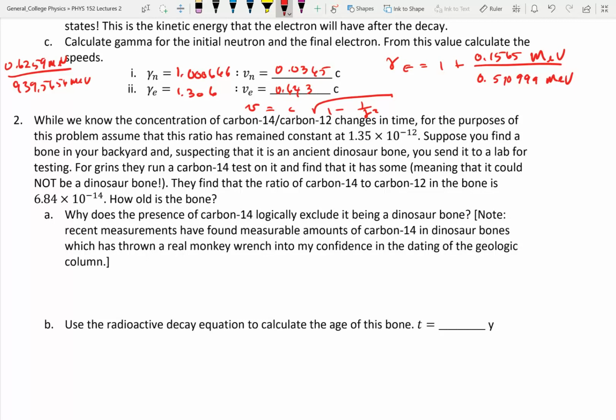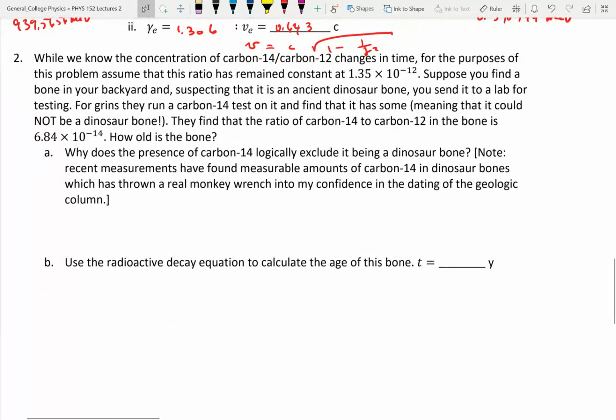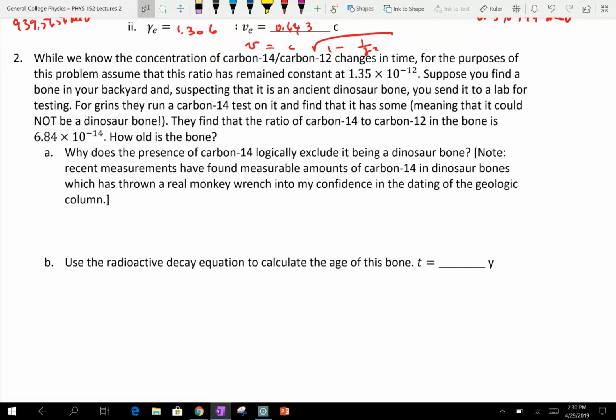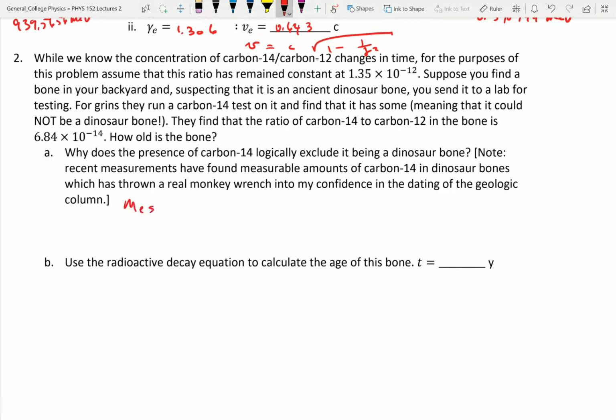First question is, why is the presence of carbon-14 logically excluded from being a dinosaur bone? Dinosaurs lived in the Mesozoic, which is in the ballpark of 60 million years ago. Yes, that's just a date somewhere in the Mesozoic.